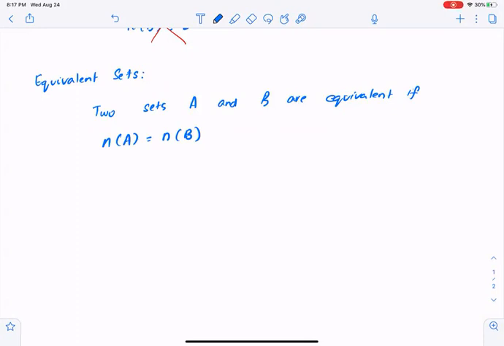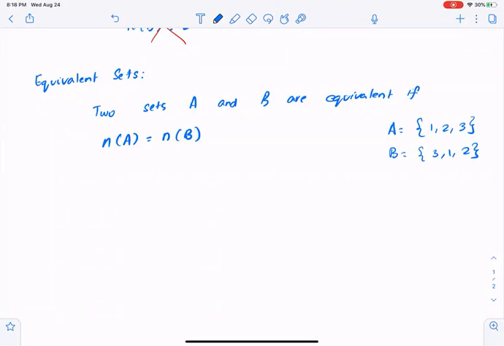In other words, if I say A is the set 1, 2, 3, I'd require B to be, say, 3, 1, 2. They contain the same elements. That's not what we are suggesting. Rather, we are suggesting that they must have the same cardinality.